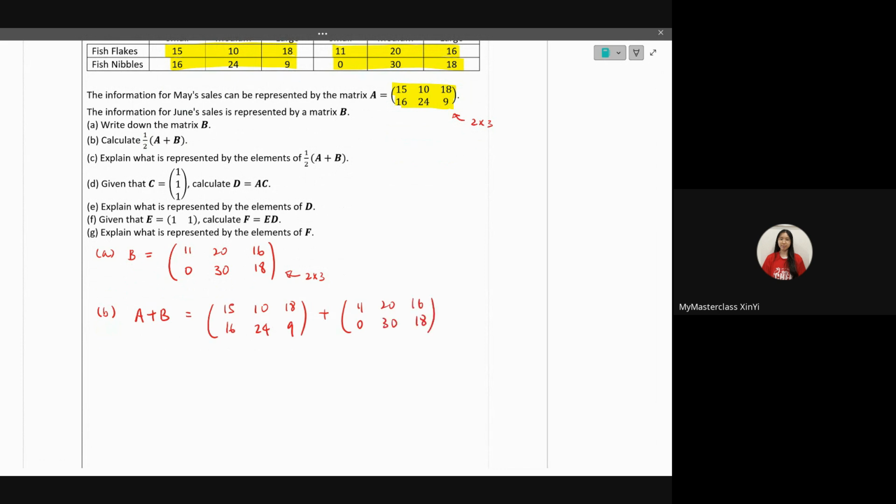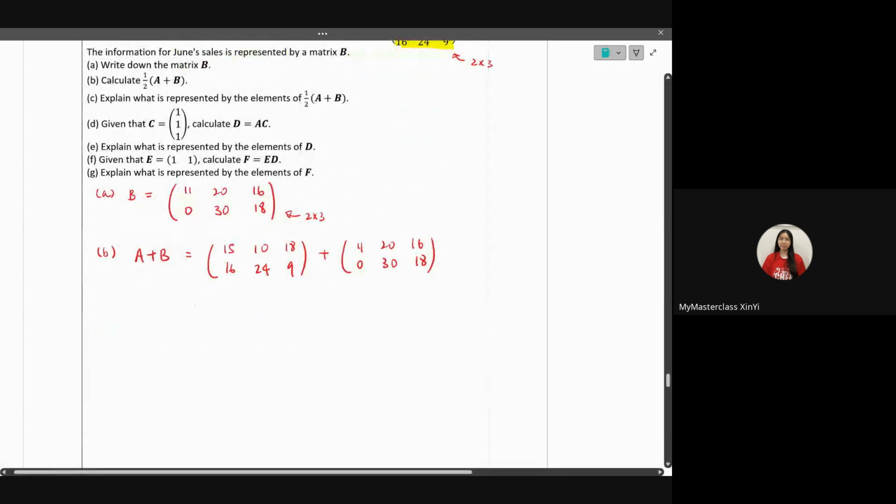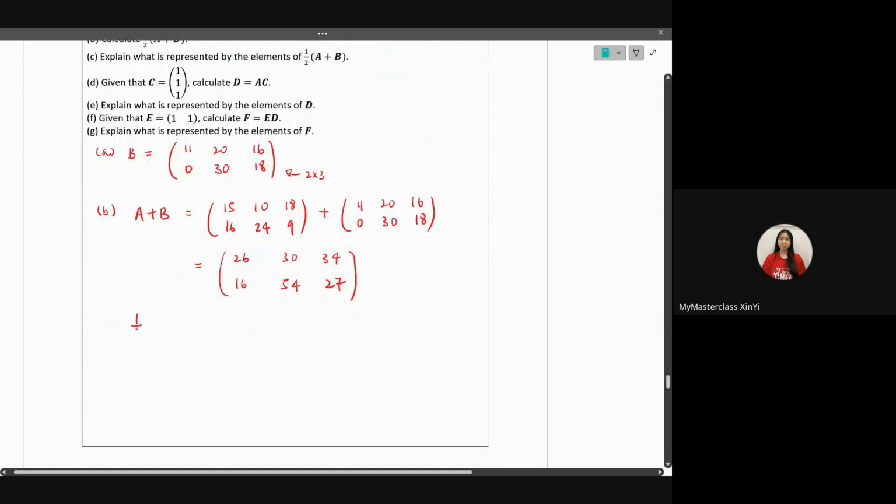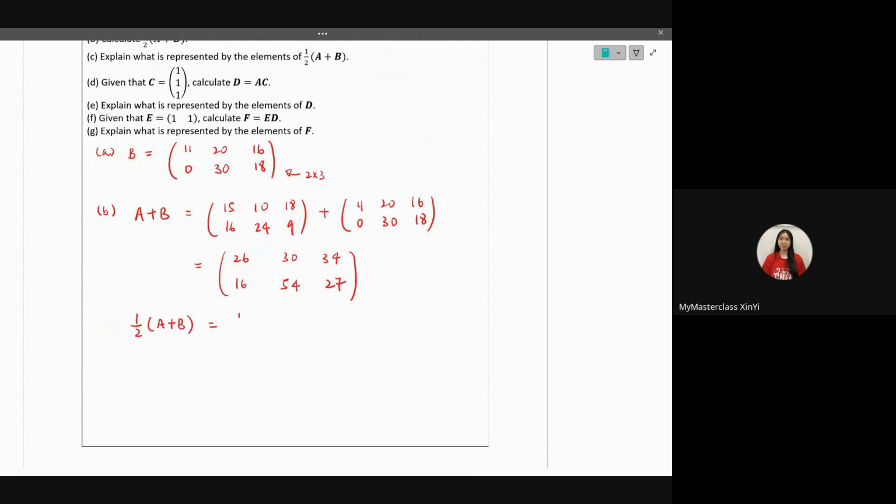So for matrix addition, just add up the corresponding ones. So this is going to be 26, 30, 34, 16, 54, 27. So when you want to find half of A plus B, this is basically half of 26, 16, 30, 54, 34, 27.